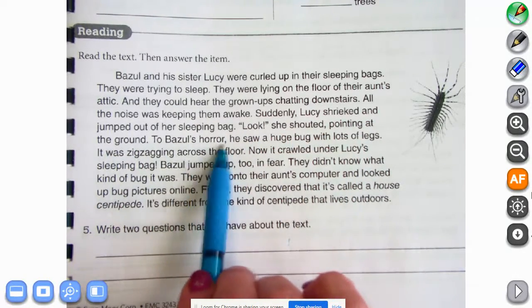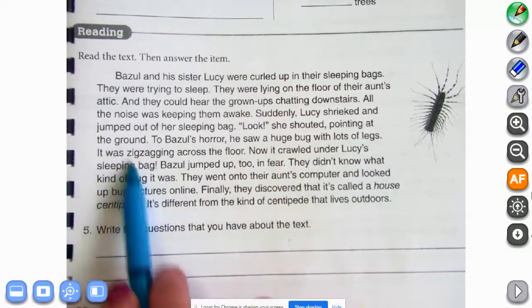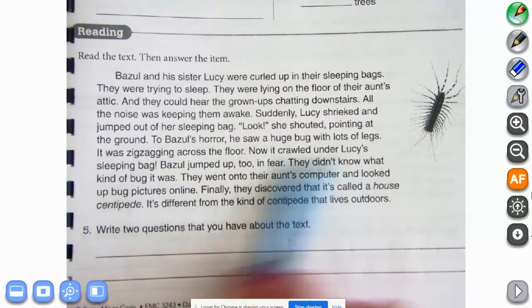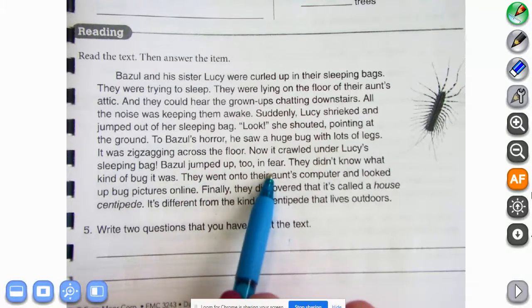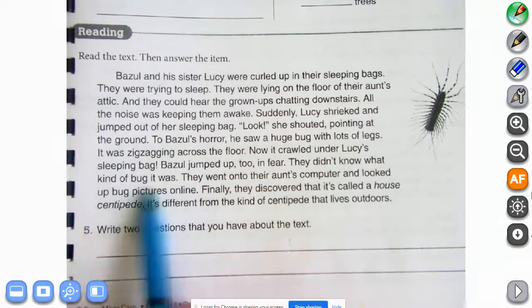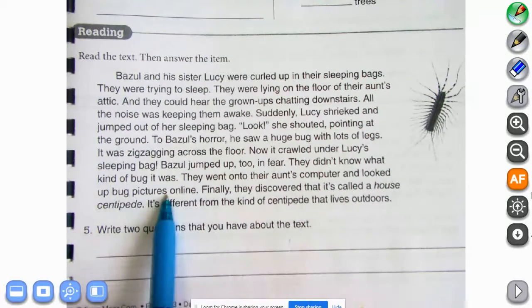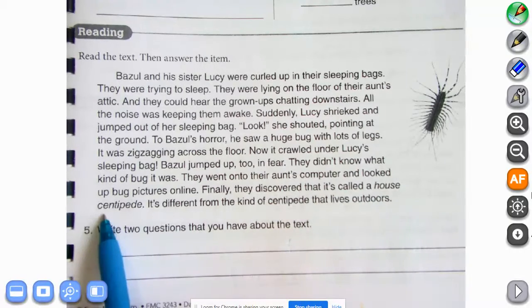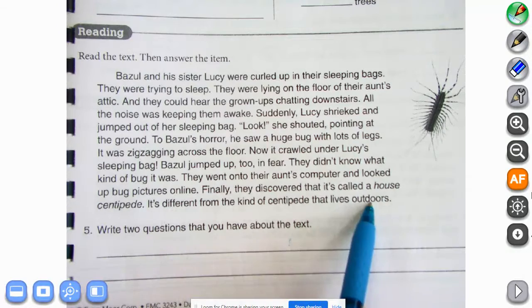To Basil's horror, he saw a huge bug with lots of legs. It was zigzagging across the floor. Now it crawled under Lucy's sleeping bag. Basil jumped up too, in fear. They didn't know what kind of bug it was. They went onto their aunt's computer and looked up bug pictures online. Finally, they discovered that it's called a house centipede. It's different from the kind of centipede that lives outdoors.